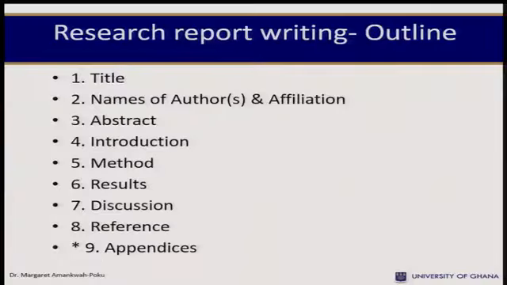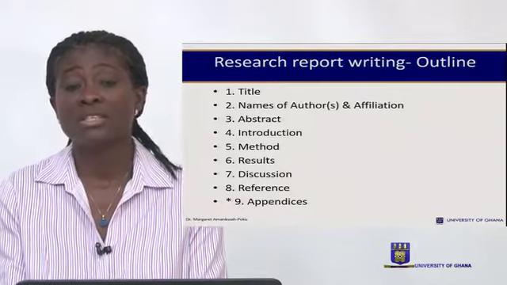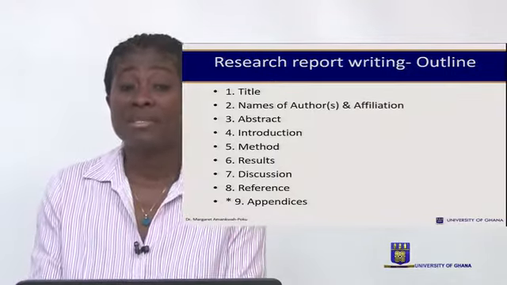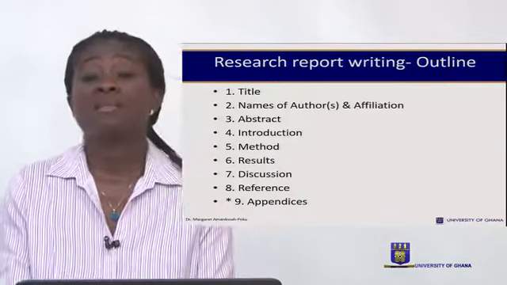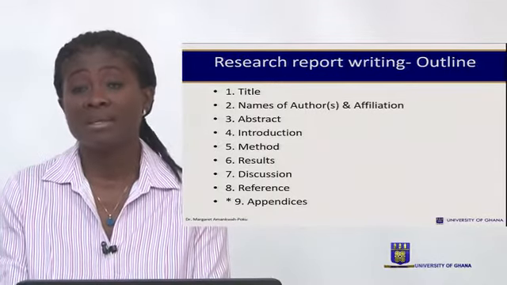So this is the outline for writing a research report. You have a title, the names of the authors, then you have an abstract, introduction, the method section, results, discussion, and then a reference section. And then in some instances, you would include an appendix.